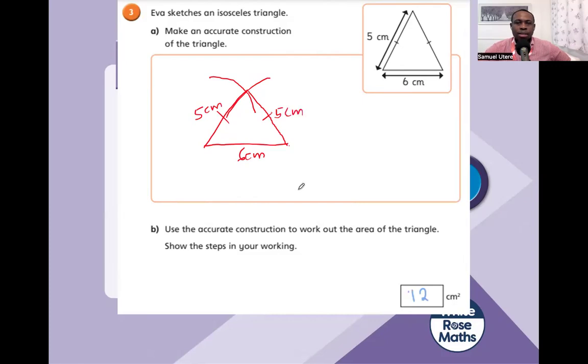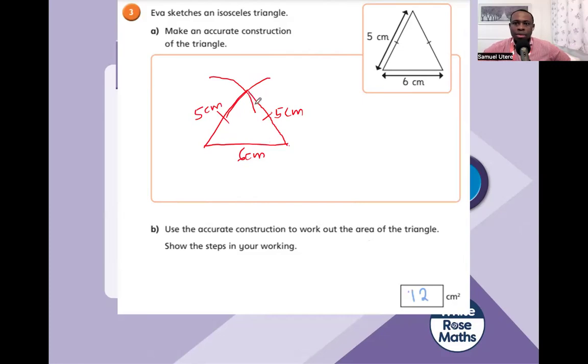Next, you were asked to use the accurate construction to work out the area of the triangle. Now, remember, the area of a triangle is half times the base with the perpendicular height.